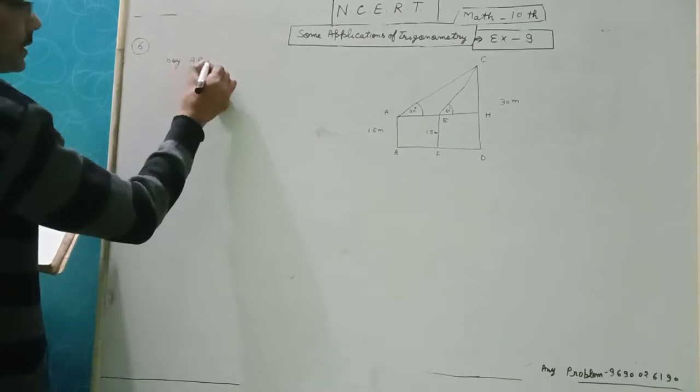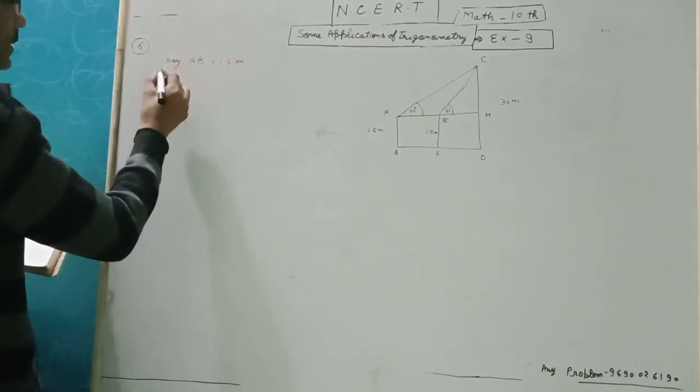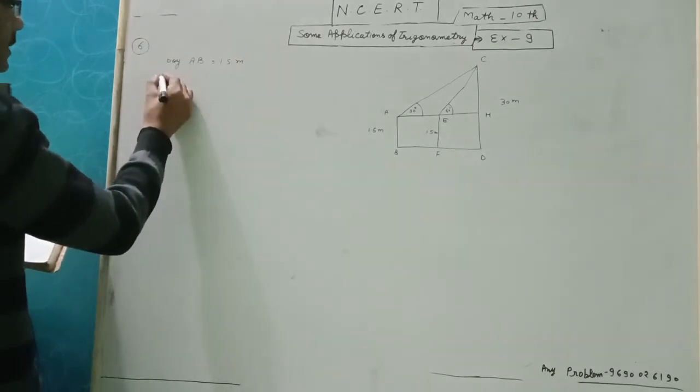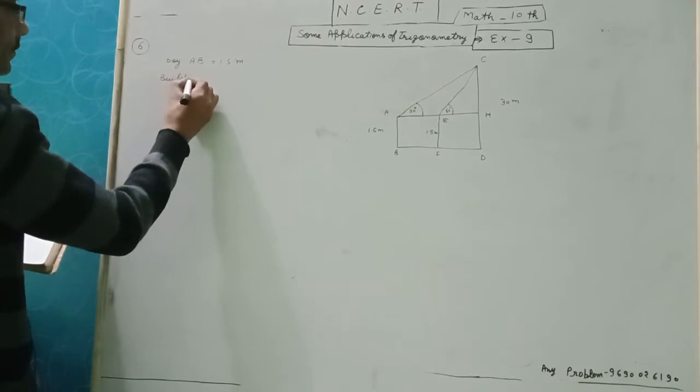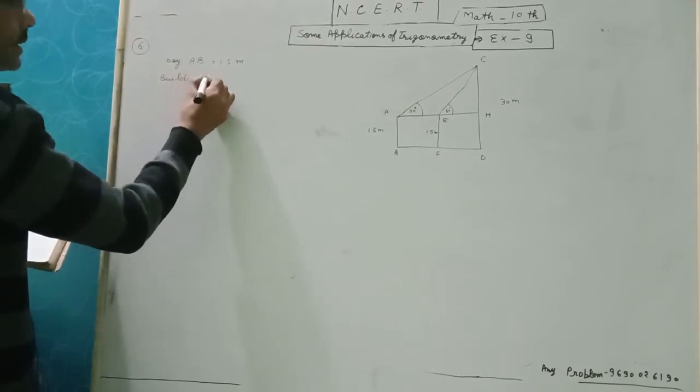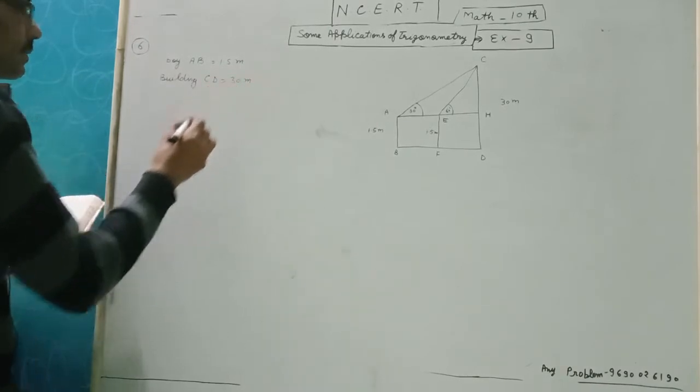AB is equal to 1.5 meter. Building CD is equal to 30 meter.